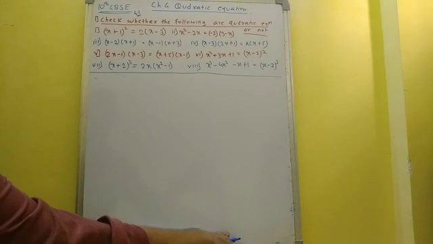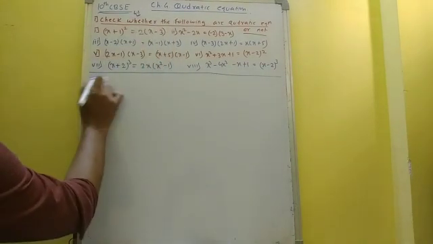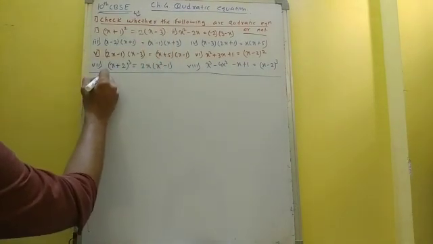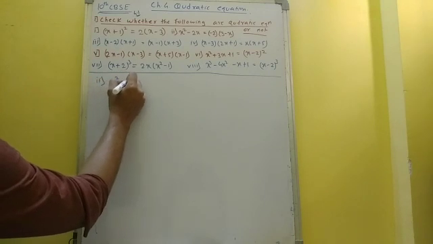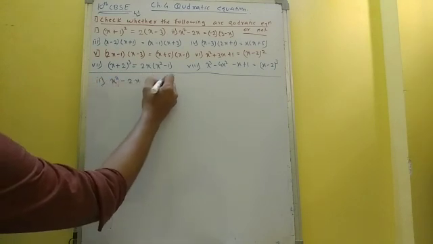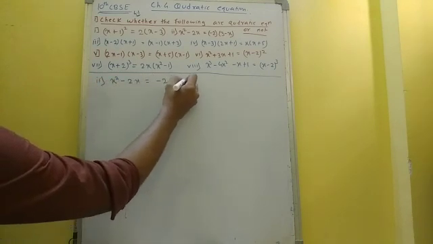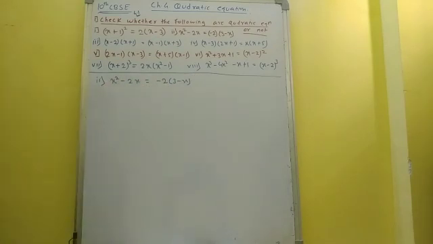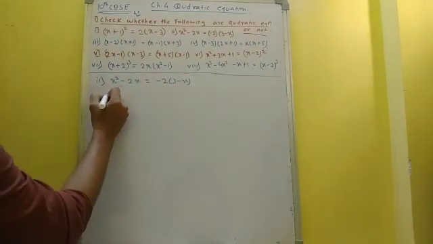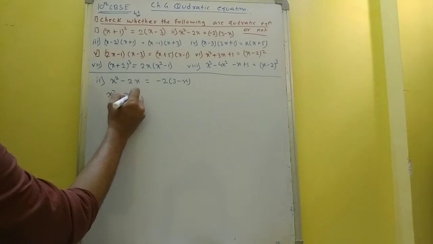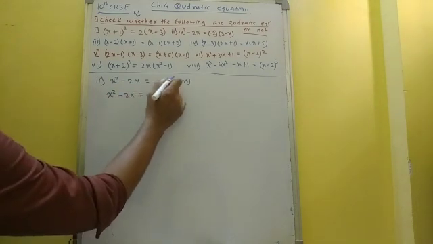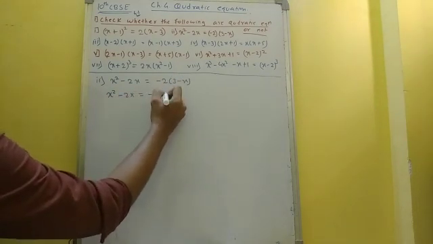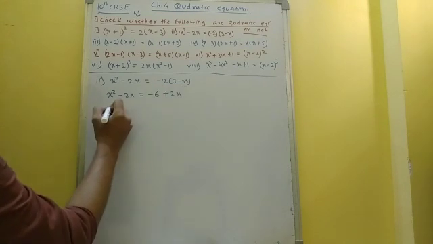The second question. What is the second question? x square minus 2x is equal to minus 2(3 minus x). If you don't put a bracket on minus 2, it is okay. So we have x square minus 2x minus 2 into 3, it is 6, minus minus plus 2x.